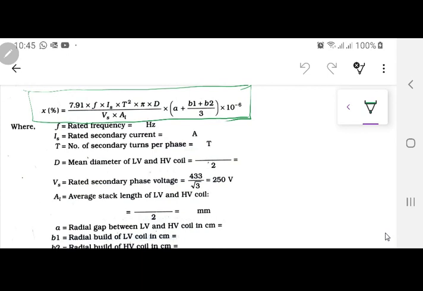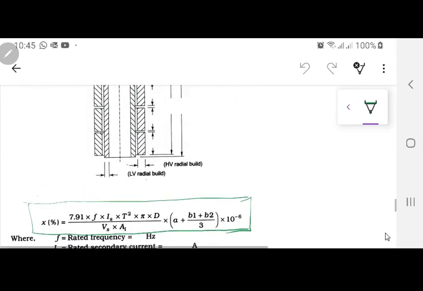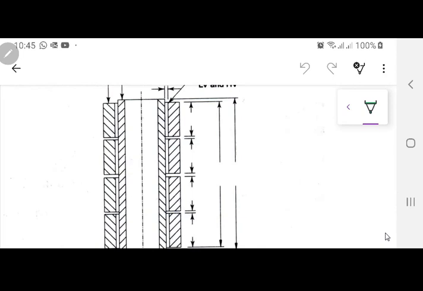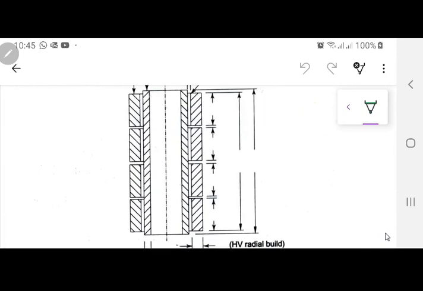AL is the average stack length of the low voltage and high voltage. What I mean by stack length, if you see this diagram very carefully, this one is the low voltage coil, and this one is the high voltage coil. Now this high voltage coil was a little smaller compared to the low voltage winding. So you have to take their mean.